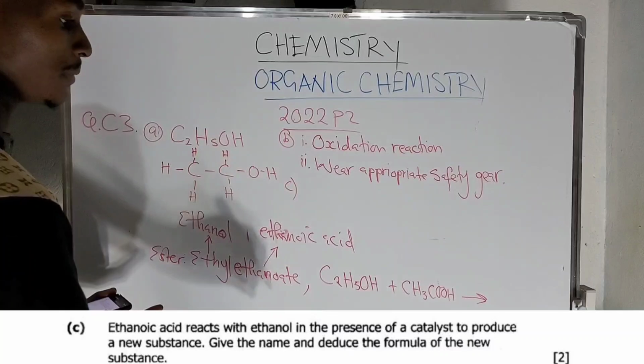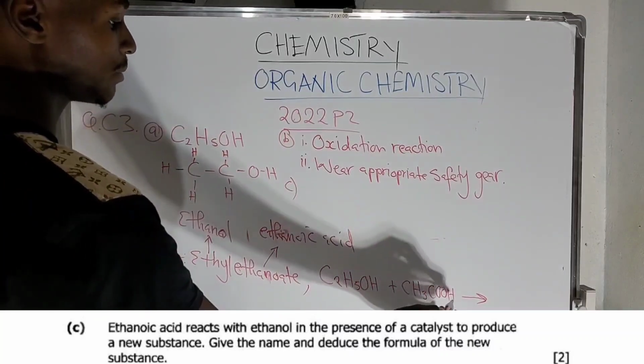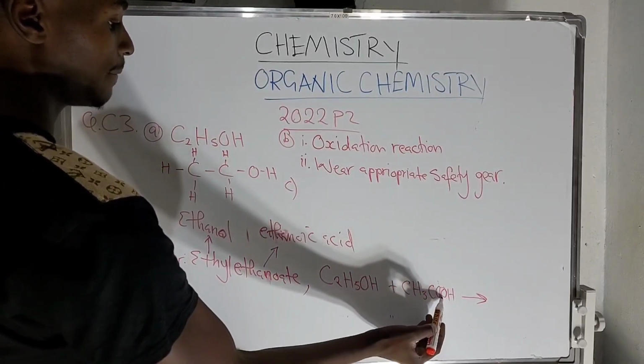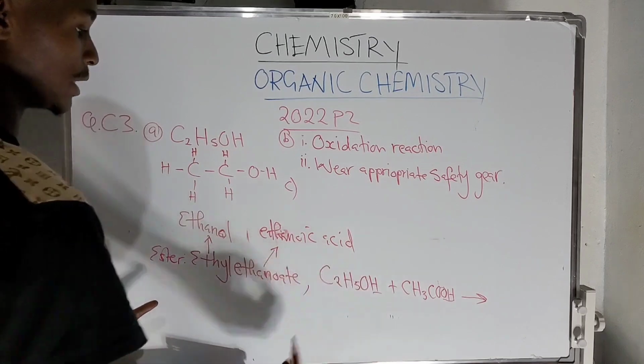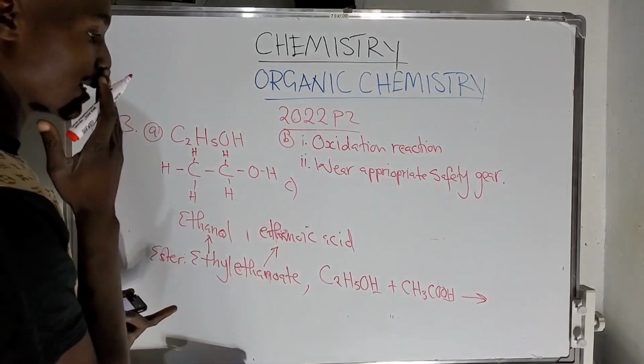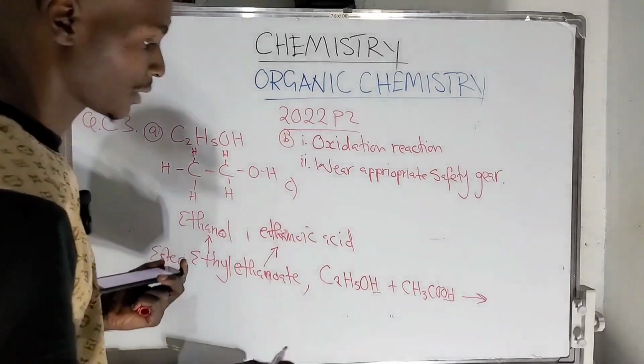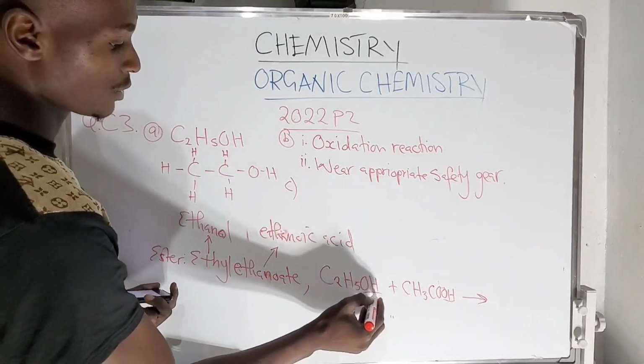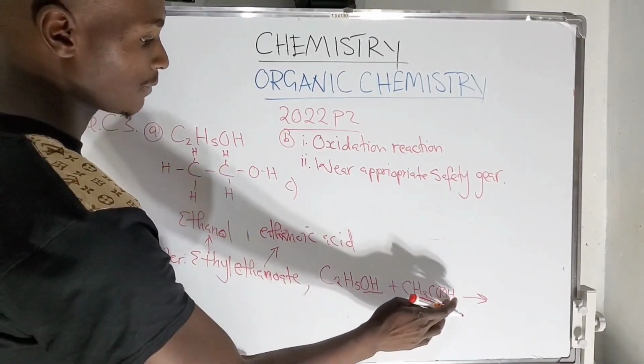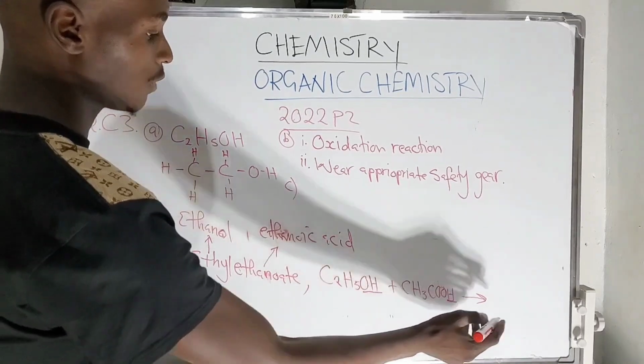The carboxylic acid loses the OH and the alcohol loses the H. So when combining, let me mention this so that it helps you in the exam: just remove the hydroxyl group from the acid, and from the alcohol just remove the H, to form water.